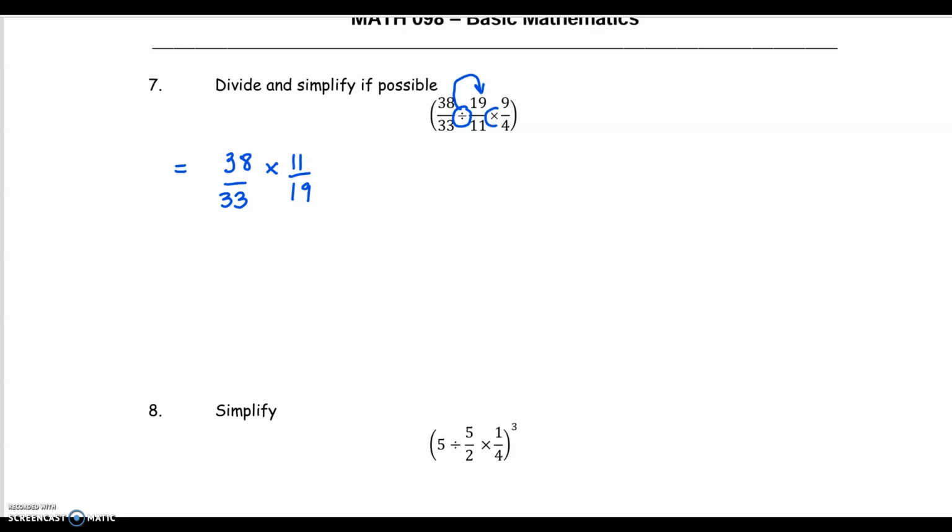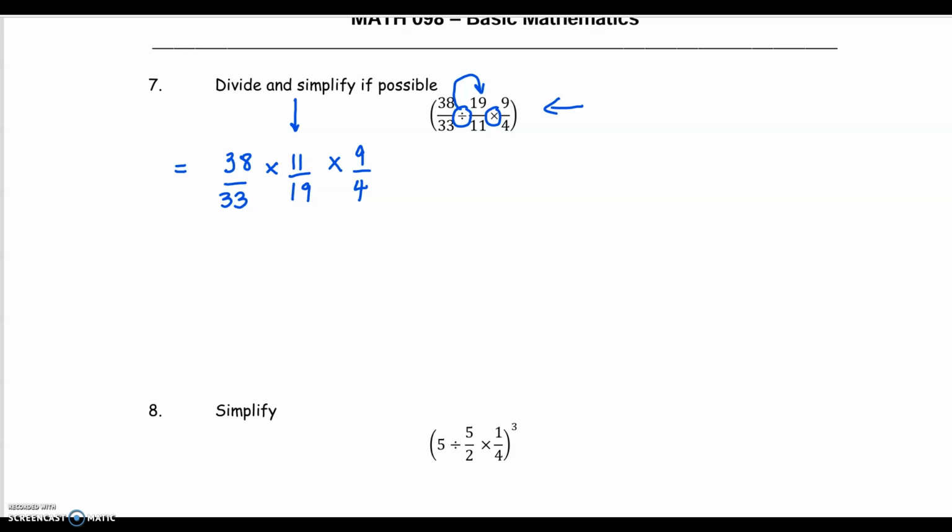Now we have times, so we don't change anything after that point. Notice that 9 over 4 is still 9 over 4. What is the only fraction that got flipped? It is the fraction right next to the division sign that changed to a multiplication sign. This is an important example because sometimes I see students flipping all fractions that are to the right of the division sign, but notice that is not the case.